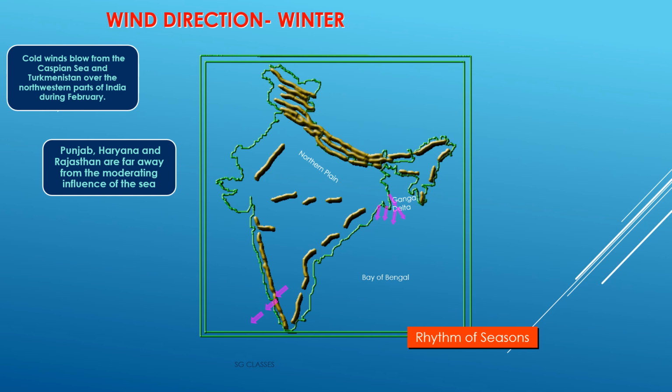We say continental type of climate or extreme type of climate, it's the same. These are the terms which we are supposed to use when we are writing our answers in geography. The snowfall in the nearby Himalayan region can be felt there, and there are high pressure conditions over the northwestern parts of the country.